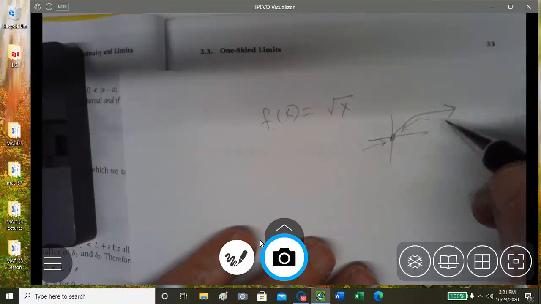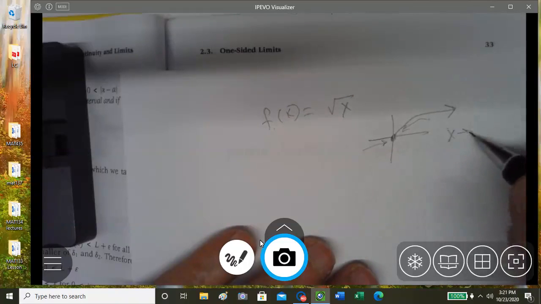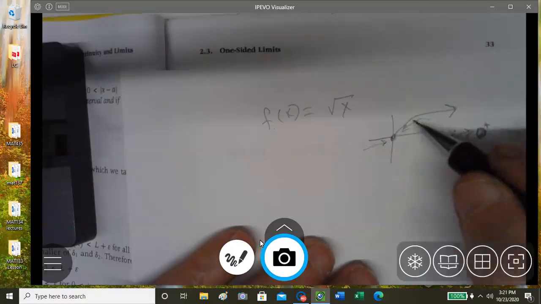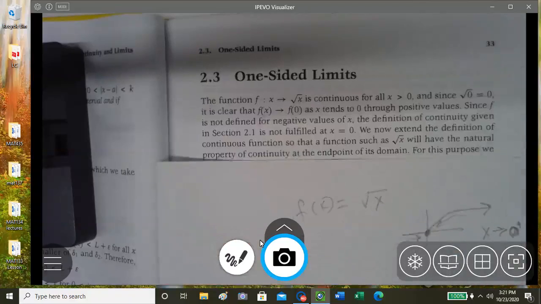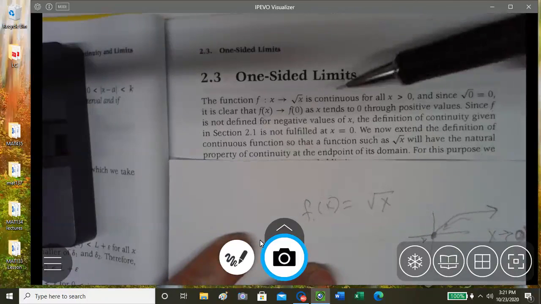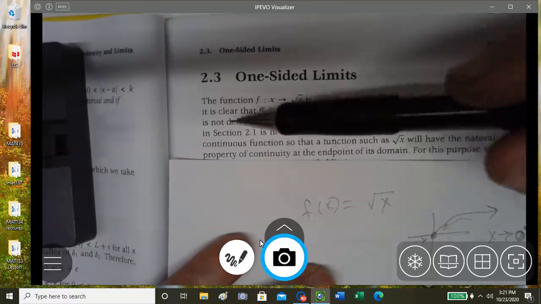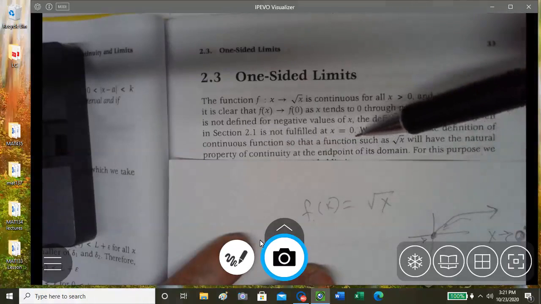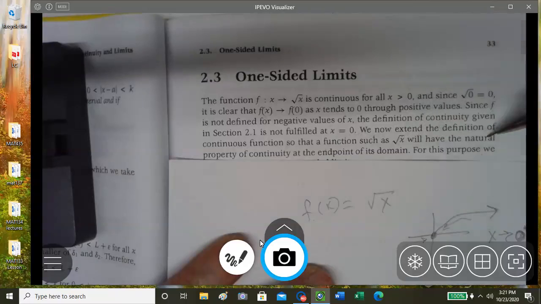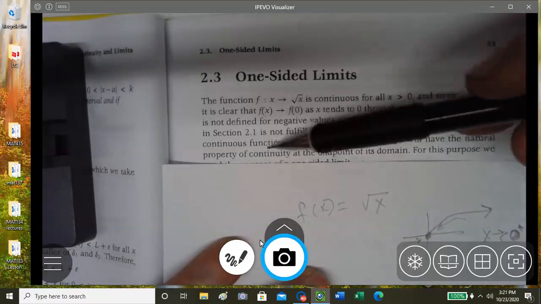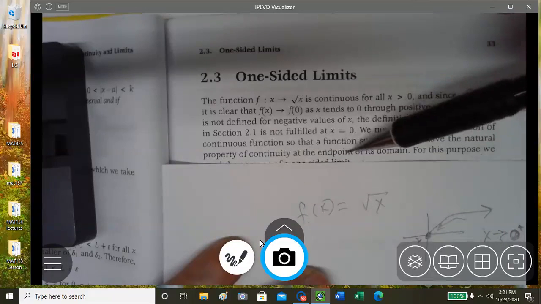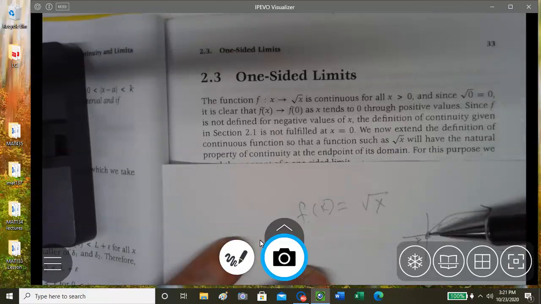So that's where we can say, all right, as x approaches, in this case, 0 from the right, then we can identify the limit. We now extend the definition of continuous functions so that the square root of x will have the natural property of continuity at the endpoint of its domain.